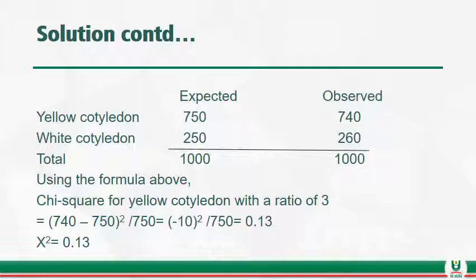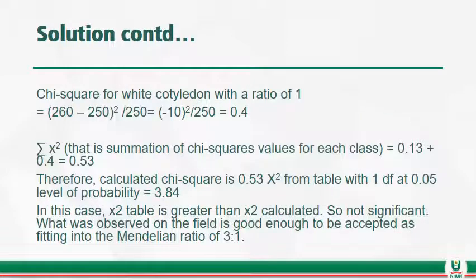You don't have to worry about the minus, because when you square it, the minus becomes plus. So at the end of the day you get 0.13. So the chi-square value is 0.13. Got for your calculated.